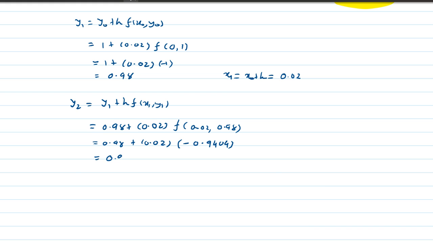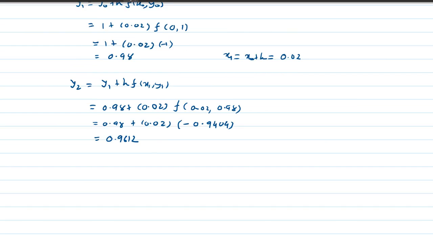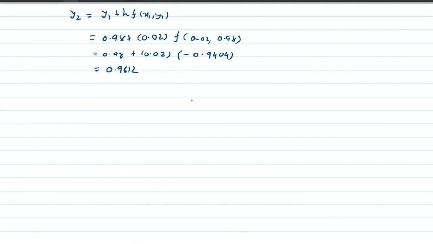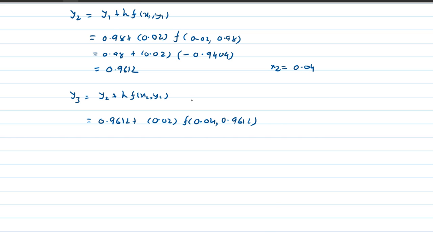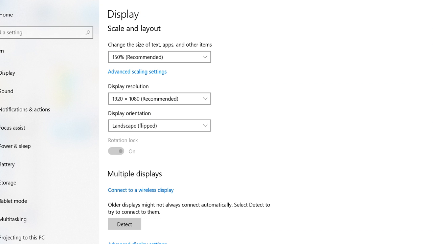Similarly, we go for the third iteration, y3. y3 is again y2 plus h times f of x2 comma y2. y2 we have got is 0.9612, h is fixed at 0.02, and x2 is x0 plus 2h, so it is 0.04. So f of 0.04 and 0.9612. Finally, on simplification, we get y3 as 0.9435.